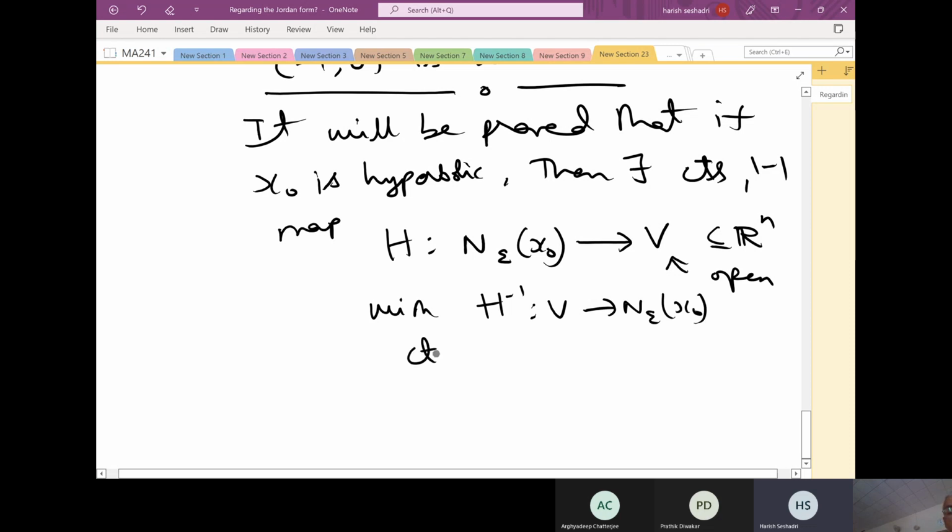Such a thing is called a homeomorphism in topology.